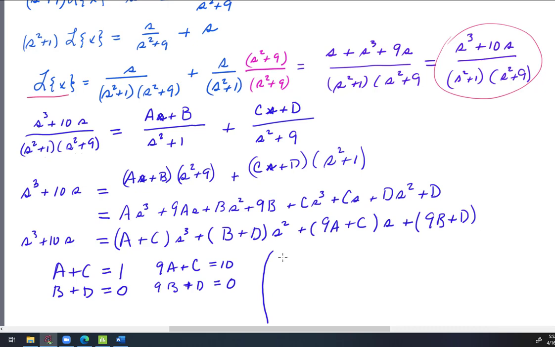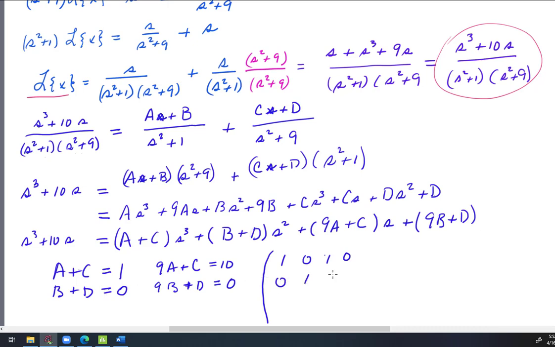But if we were going to use matrix theory, we could write this as a matrix equation this way. I'm looking at a plus c. So the coefficients would be 1, 0, 1, 0. That would be the first equation. B plus D is the second equation.